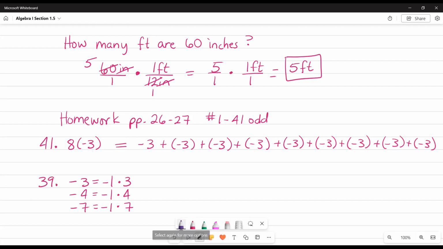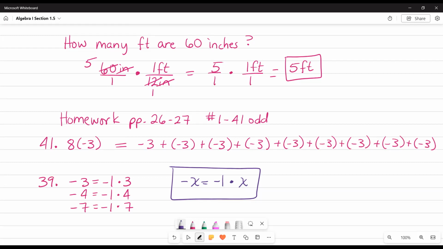So our property here is -x equals -1 times x. It's teaching you to represent. So you're telling me you just created a rule that a negative number equals -1 times that number.